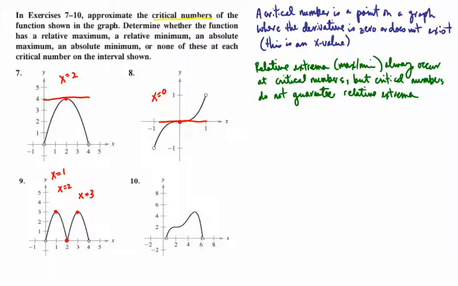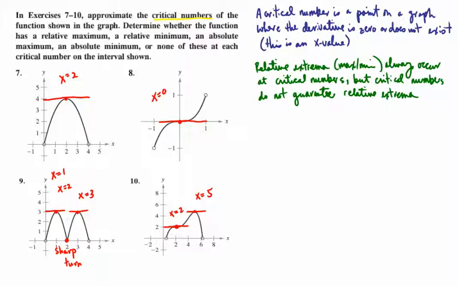And you can see at each of those places the derivative is either 0 or there is a sharp turn. And so each of those qualify as critical numbers. Next, in number 10, we have a horizontal tangent at x equals 2, and we have a horizontal tangent at roughly x equals 4.5. That would be 5, sorry.